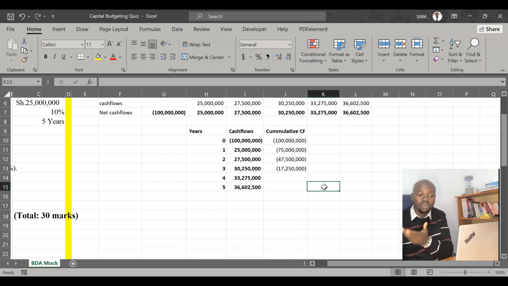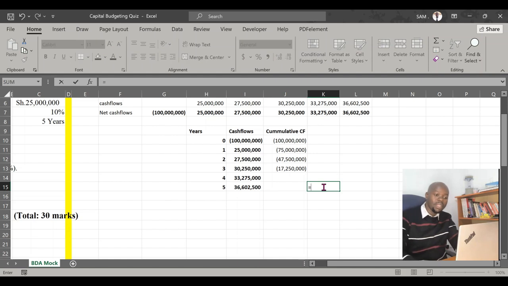So how to compute the payback period? We will come here. We say we have 3 full years. We'll recover our investment in 3 full years and some months, yeah? And which are the months now? The amount we are still looking to recover in year four is 17,250,000, and this is a fraction of the cash flows in year number four.